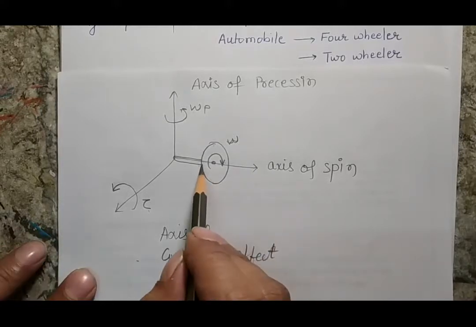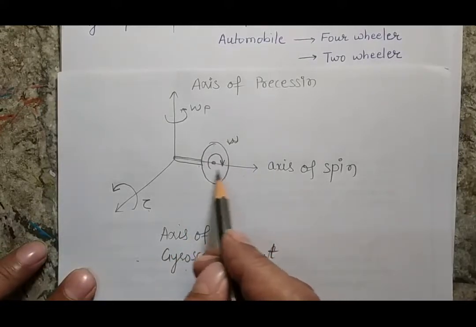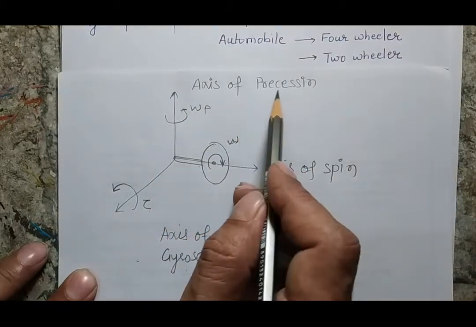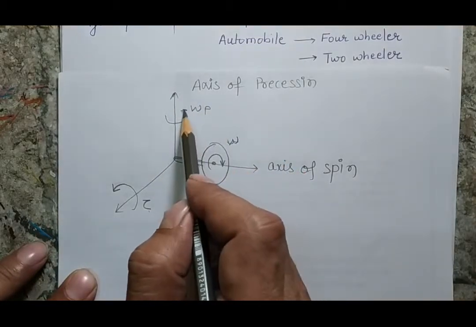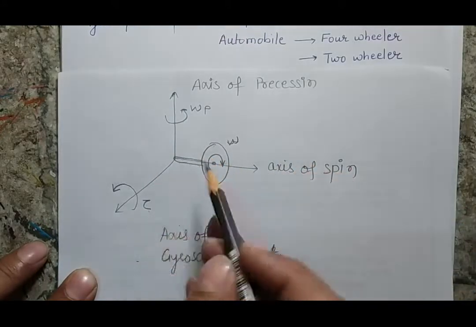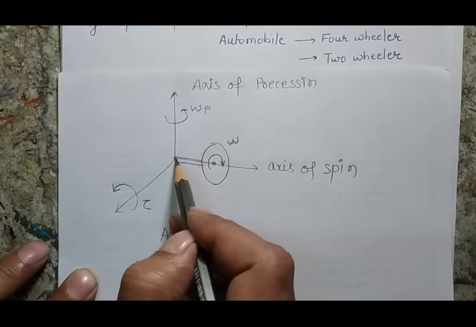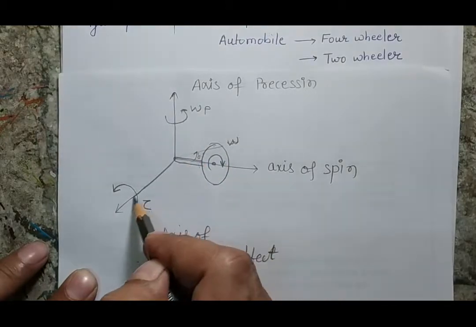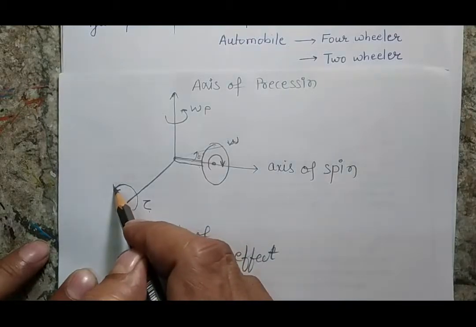I call this the axis of spin, where I have the rotating axis. Then we have the axis of precession. This is the axis about which we turn the complete rotating axis, and because we turn the axis by an angle del theta, we observe a gyroscopic couple about this axis.